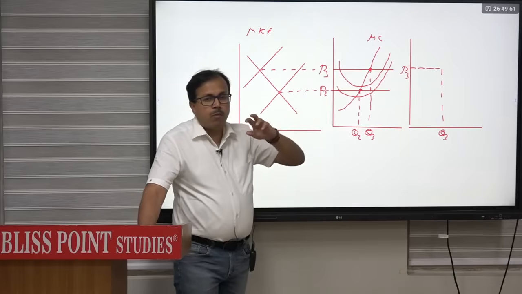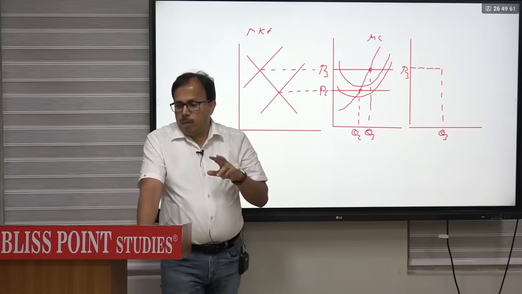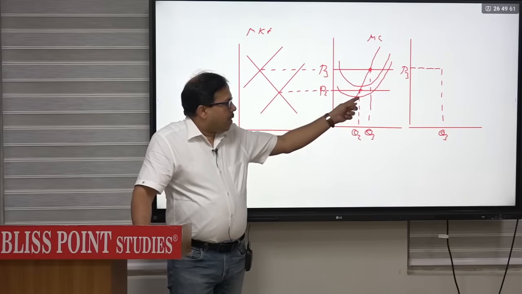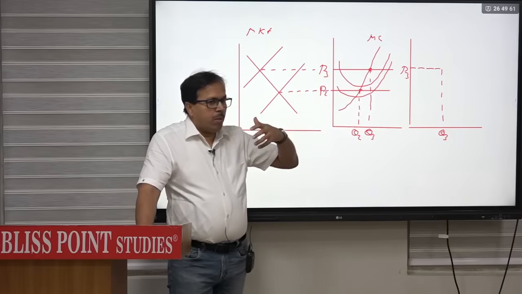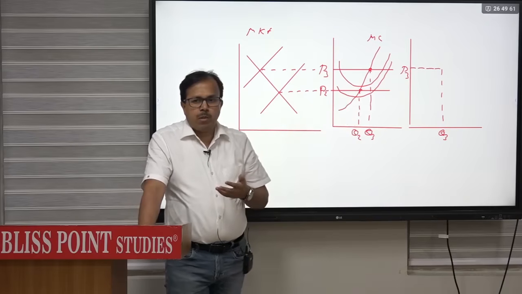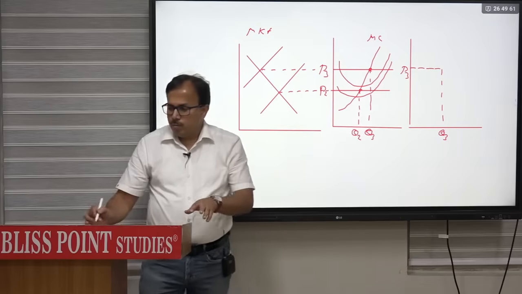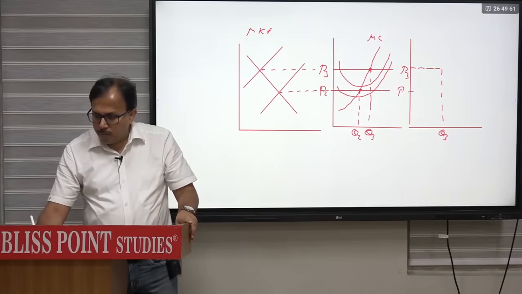But despite loss, firm will operate, because firm is having operating profit. इस क्वांटिटी का एवरेज वेरिएबल कॉस्ट कम है और प्राइस ज्यादा है, so you are able to cover more than variable cost, which means some part of the fixed cost is also covered. So firm will operate despite loss. So at price P2, supply will be Q2.